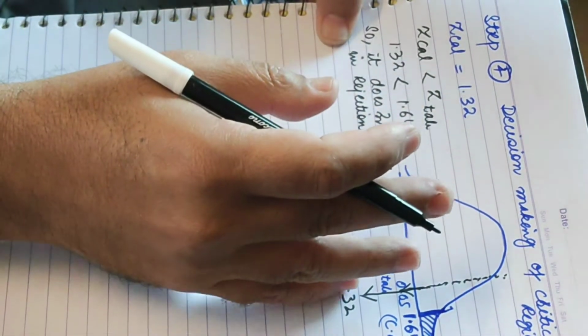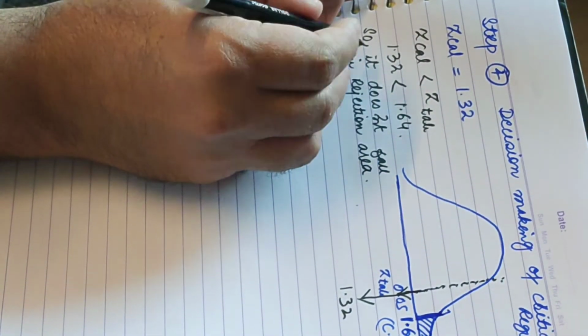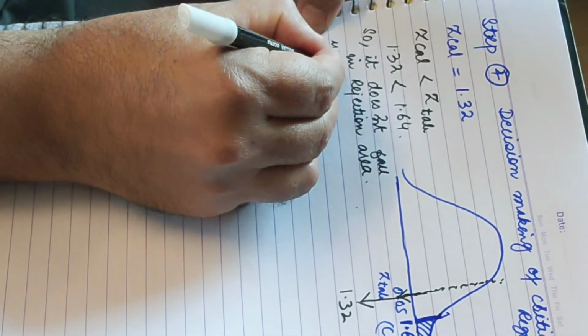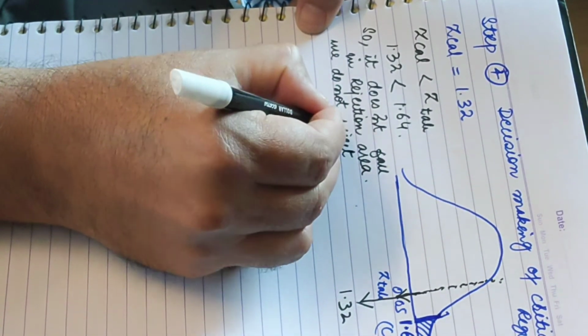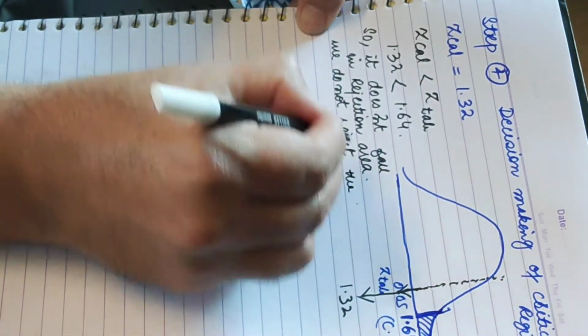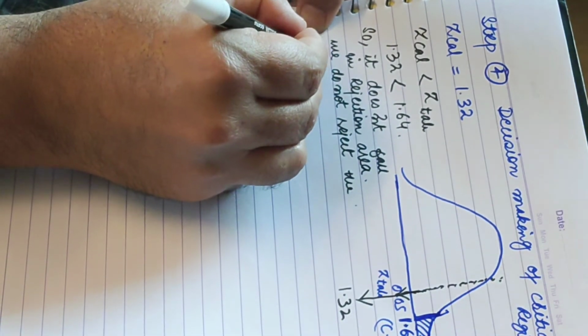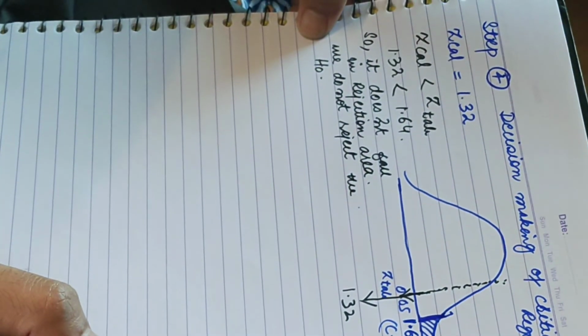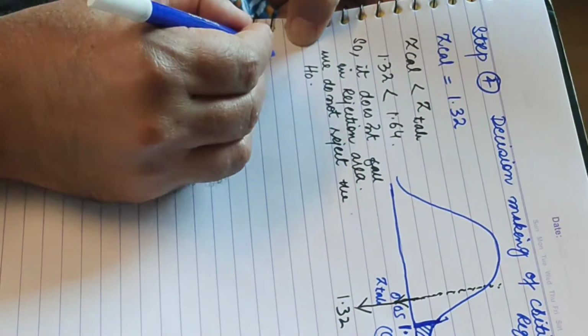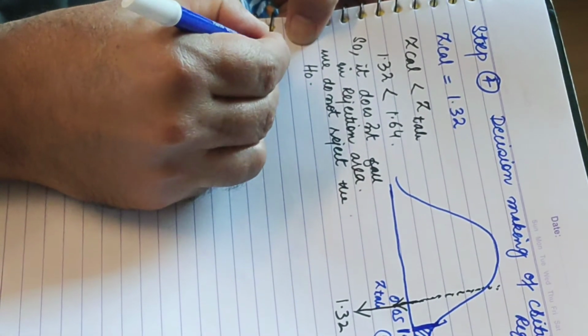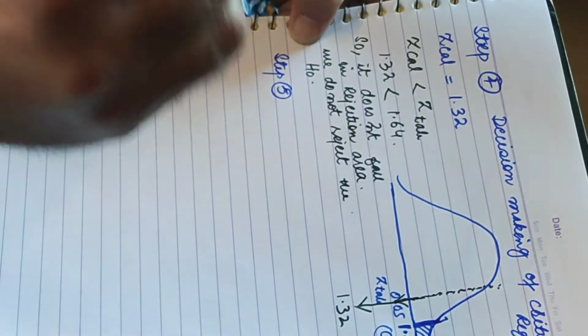When it doesn't fall in the rejection area, we do not reject the null hypothesis. Clear?